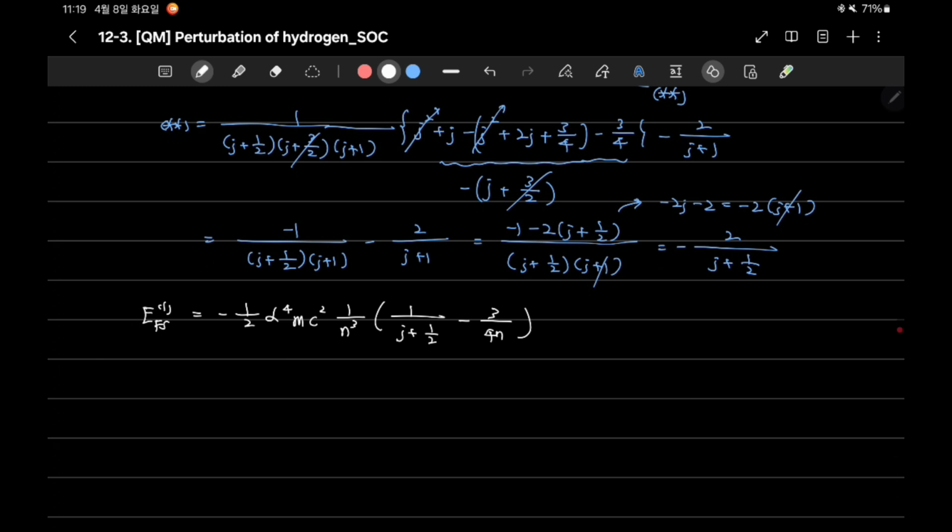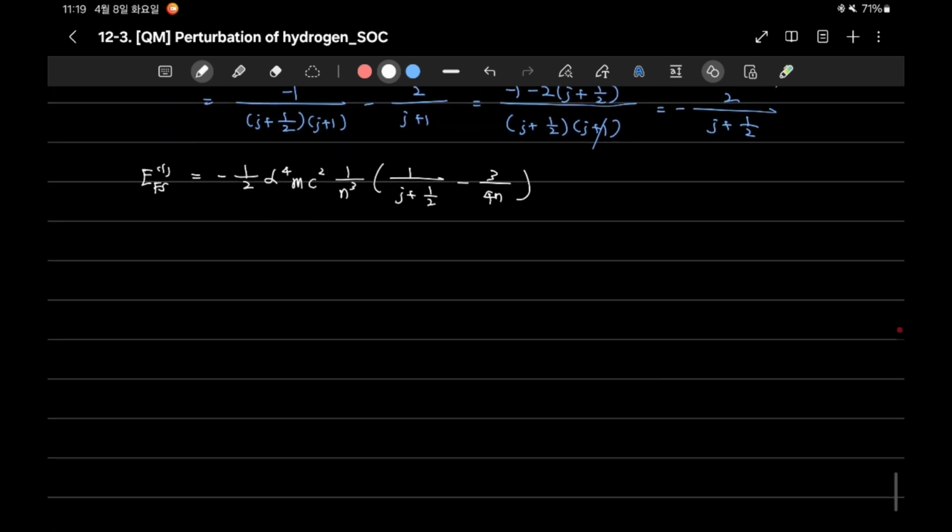So we do not consider L, because L and S are not conserved, but J is conserved, so the expression in J is more reasonable. Also it depends on J but not L, so the singularity at L equal to 0 is gone, so it is reasonable.